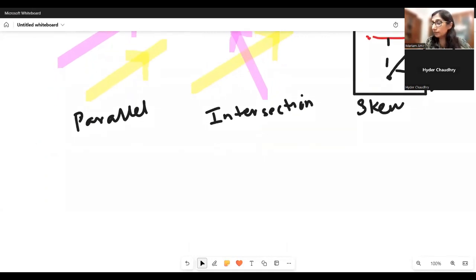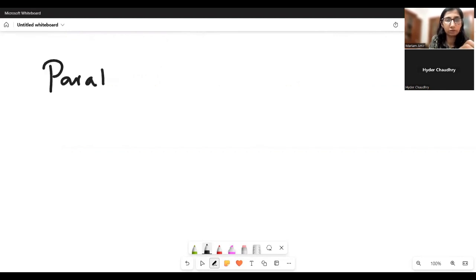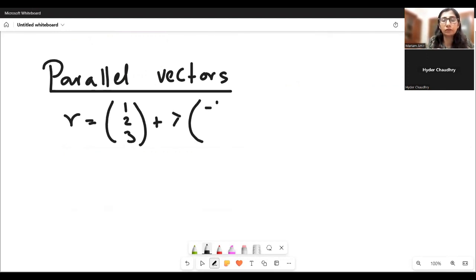Now, it's easiest to tell when two vectors are parallel. Let's say there's a parallel vector, one of the vectors r equals (1, 2, 3) plus lambda (-1, 0, 3).